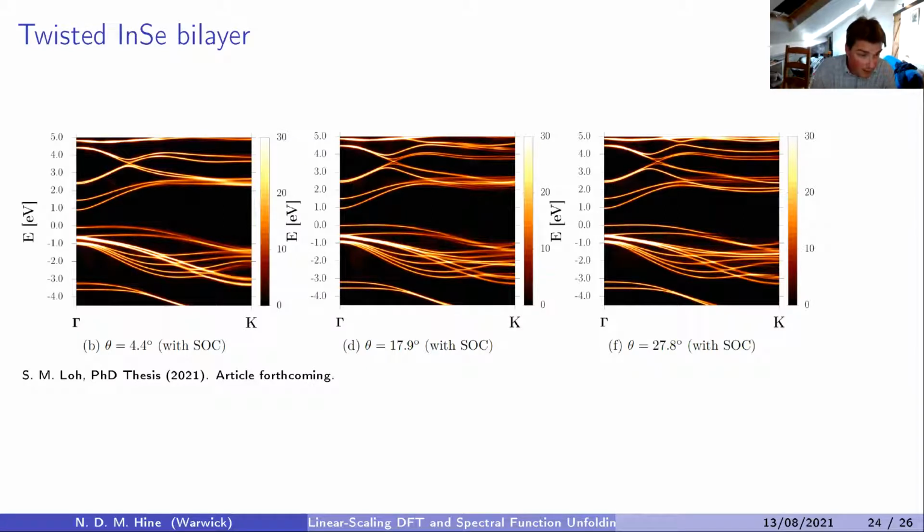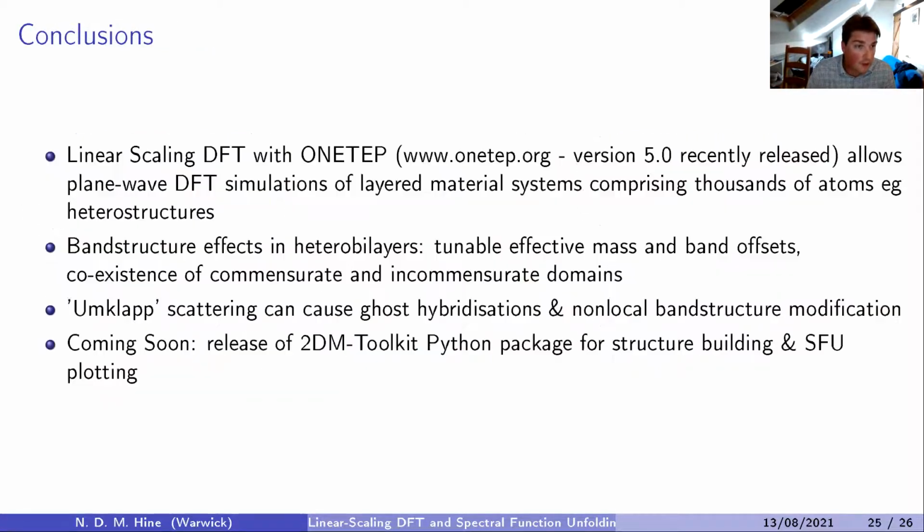So just in conclusion, linear scaling DFT with ONETEP can let us do plane wave DFT quality simulations of layered material systems comprising thousands of atoms. And it allows us a direct window on band structure effects in heterobilayers. We don't have to put together complicated models where we allow the band structures of the individual components to hybridize.